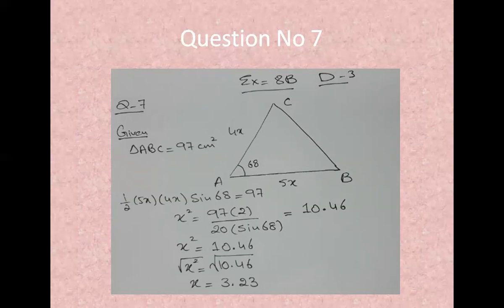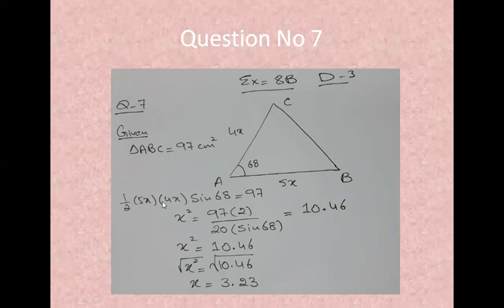He says, given that the area of the triangle ABC is 97 centimeters square, find the value of x. So I already know the area of this triangle, that's 97 centimeters square, and we want to find out the value of x. So I apply the formula of the area. That will be 1 by 2 into 5x into 4x into sine 68 equals 97.